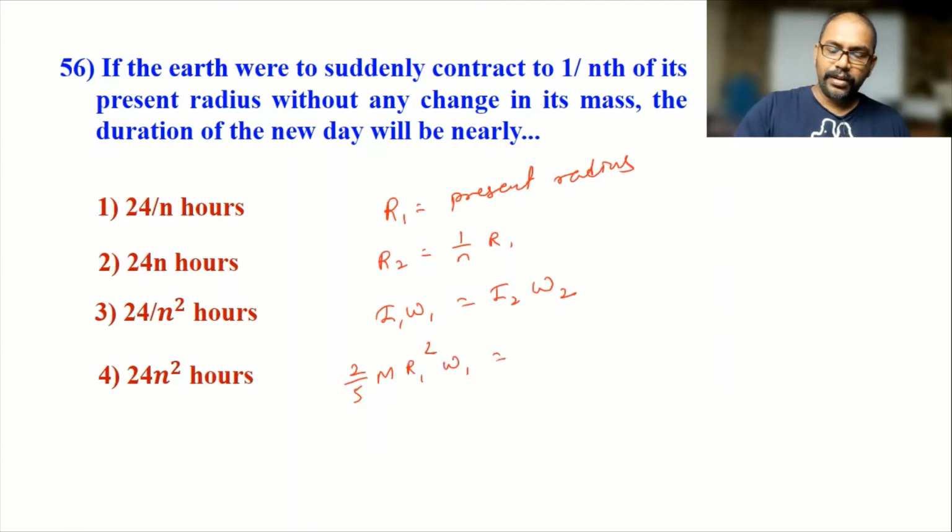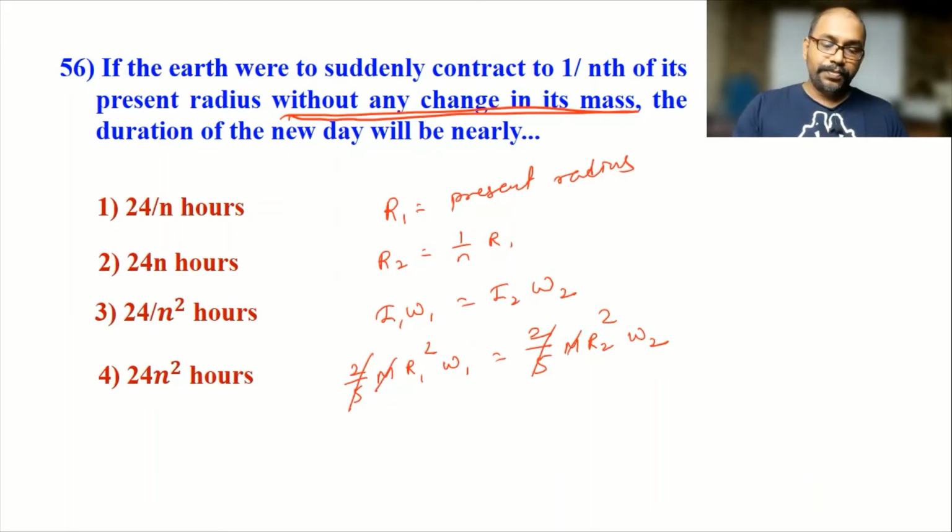The second one, the moment of inertia, is 2 by 5 m r2 square omega 2. Now 2 by 5 gets cancelled from both sides, and since the mass is not changing, the mass is also constant and gets cancelled.